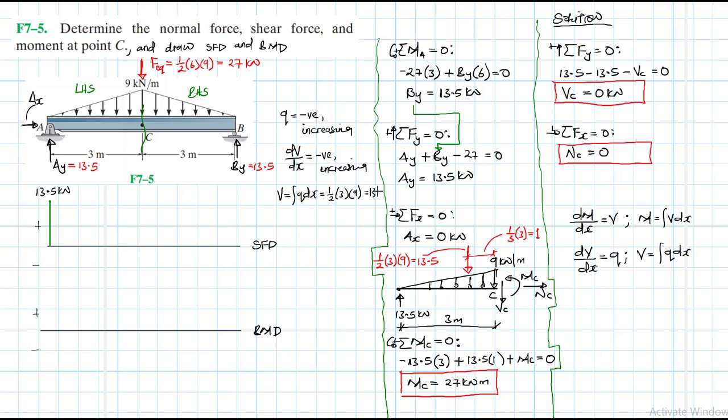And this gives us 13.5. This is negative because the load is negative. So we have a positive shear from A, which is 13.5, then minus 13.5, the one that we just calculated, and therefore this gives us 0.